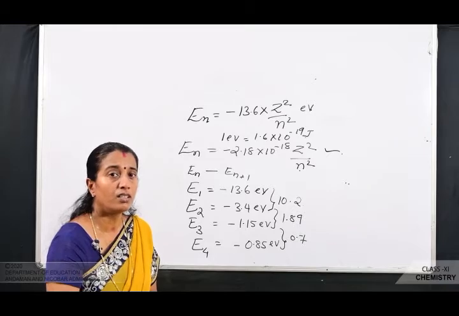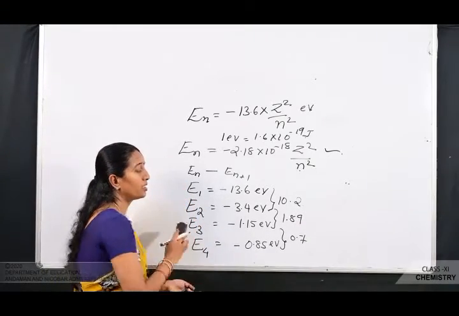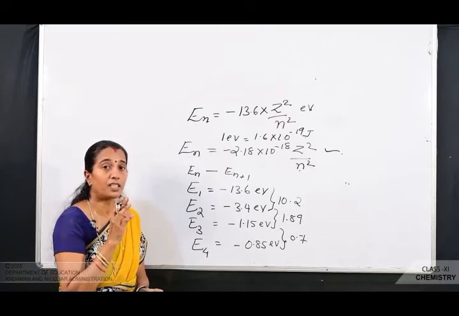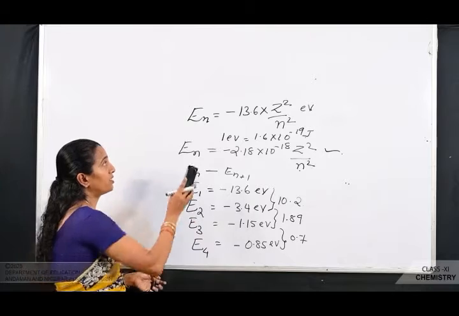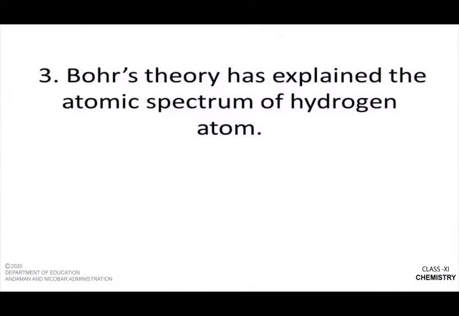Okay. Now let us see one more advantage of Bohr's theory: how Bohr's theory has proved the Rydberg equation. The Rydberg expression we have already explained at the start, now we will see it. So what is the Rydberg equation?